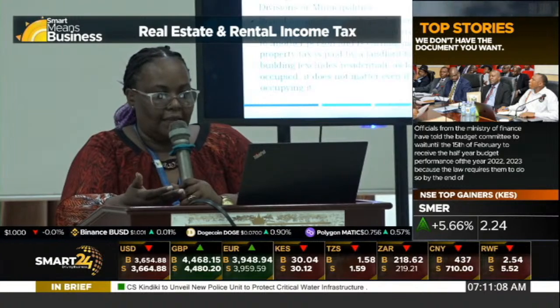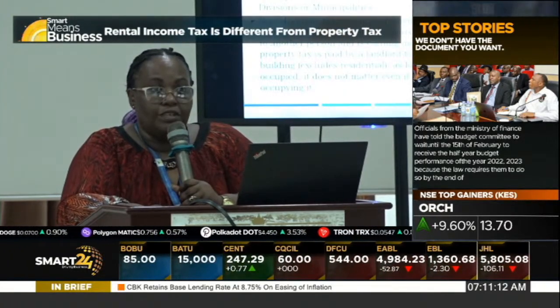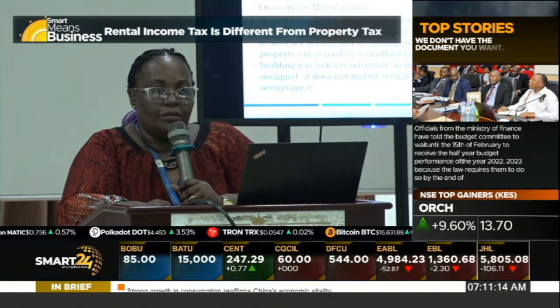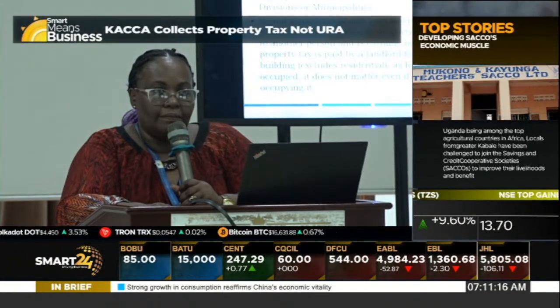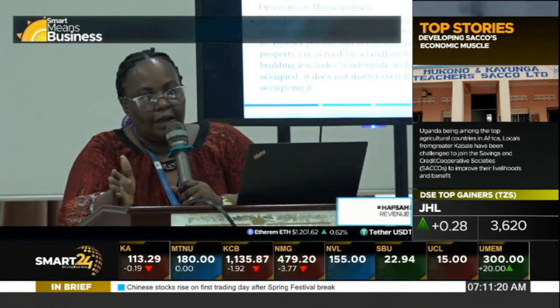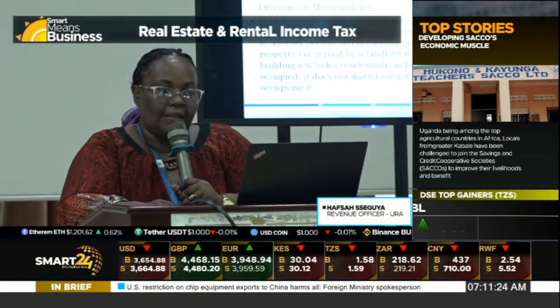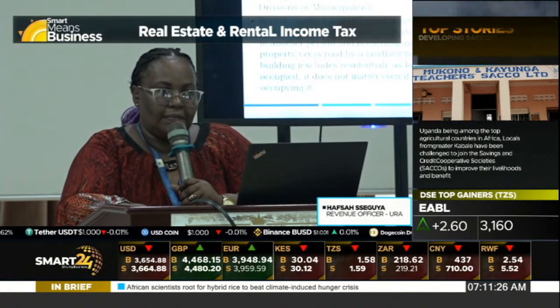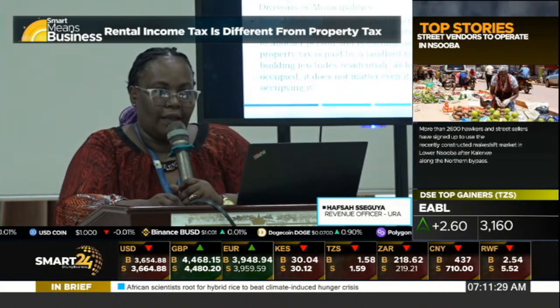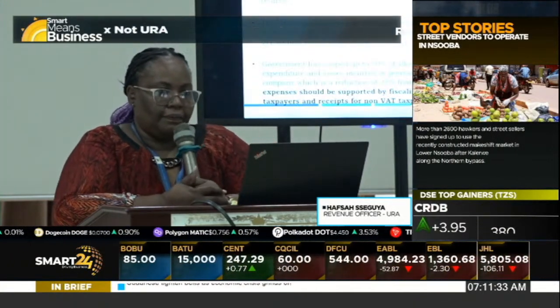So when I accept to reduce it by that, then it's no longer double taxation, because it's like any other expense. When you incur it on your property, once it is business related and relates entirely to that business, you reduce it from there, and therefore you're not making any loss.